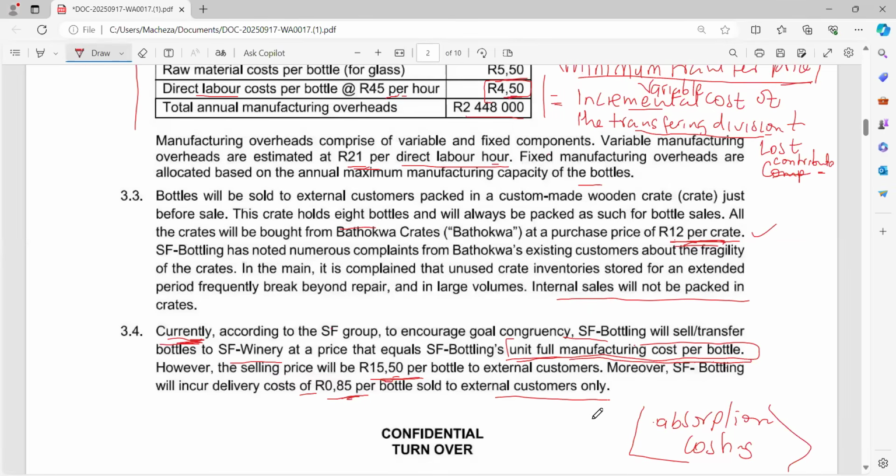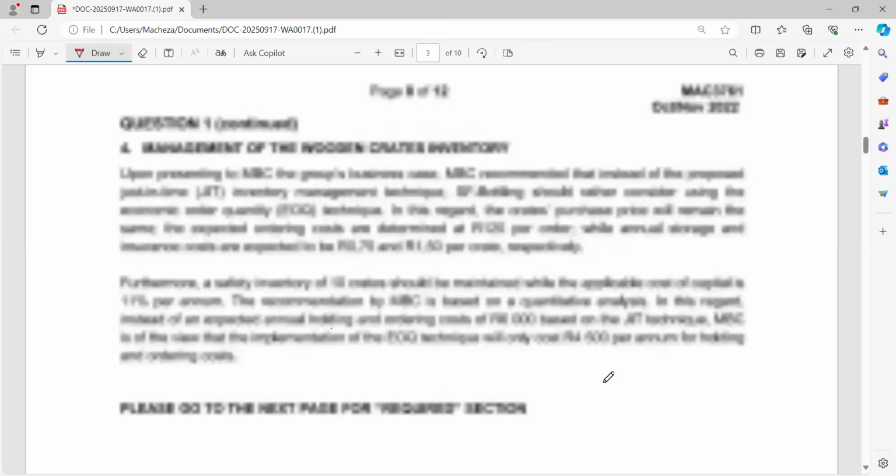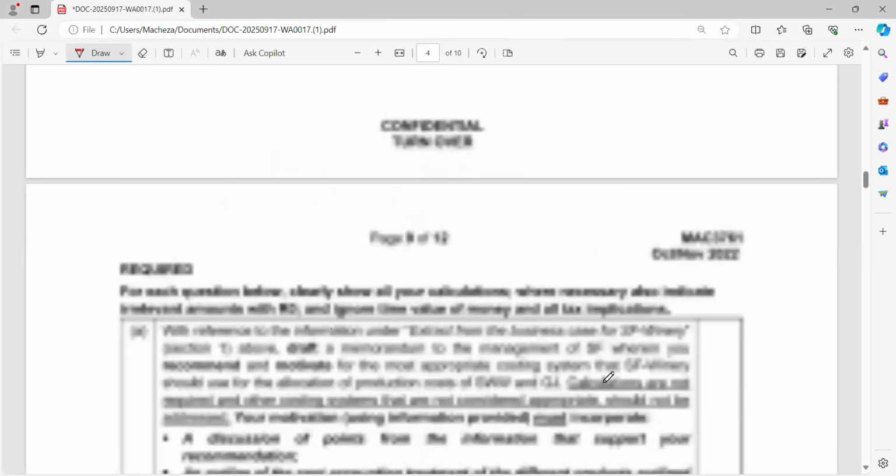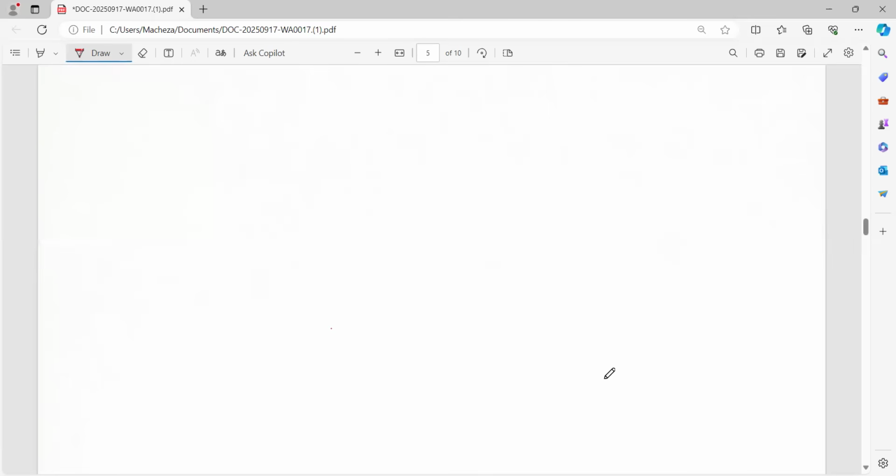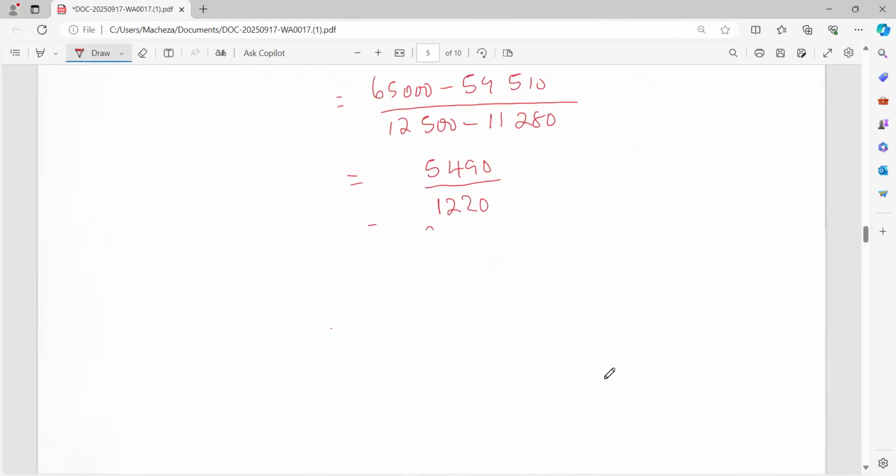Right, so where do we start? Is it not going to be a continuation of what we have done? Then we just add the fixed manufacturing cost. The full manufacturing cost is only going to need the fixed cost element there.